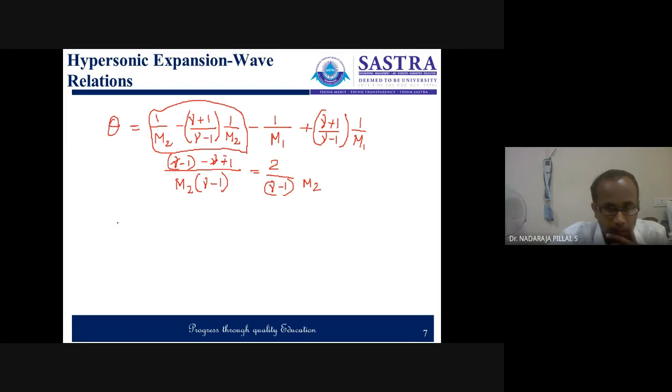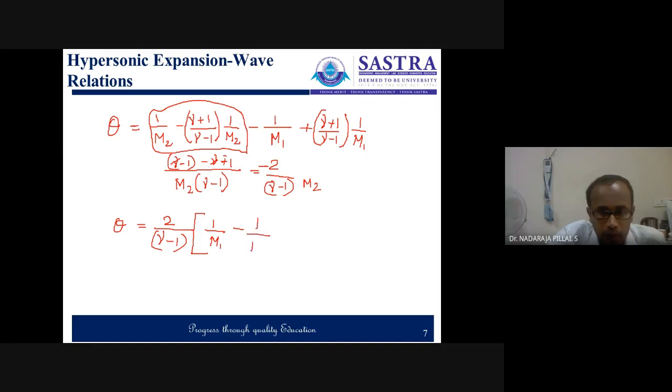So finally we can write this equation, theta is equal to 2 by gamma minus 1 into 1 by m1 minus, because here you see, in this case it will become minus 2, right? So 1 by m2. So this is the final equation in terms of theta.